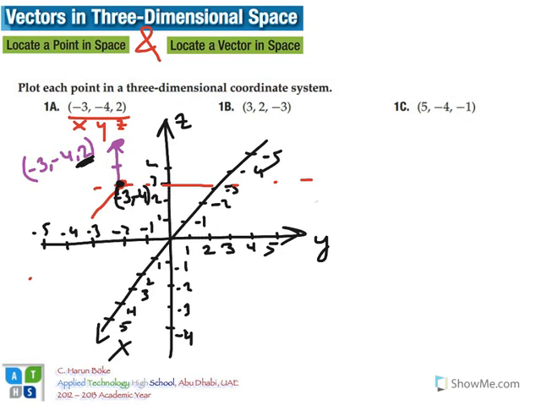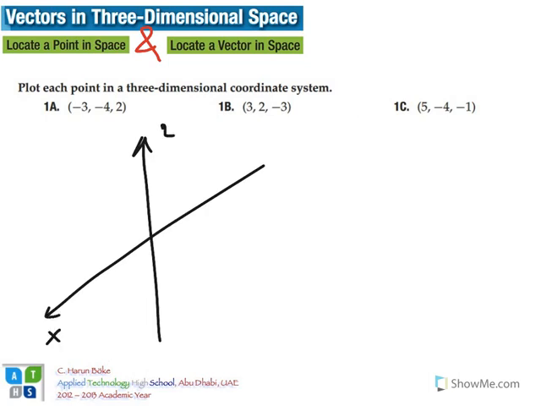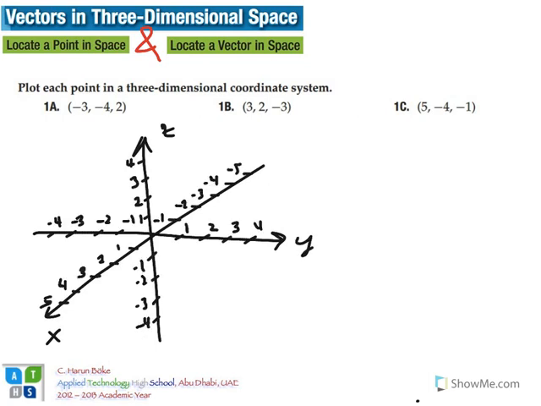So let's have the second point located in the three-dimensional space. Again, we'll have our coordinate plane. This is z, this is x, this is y. Now, first we are going to go through x to be 3 on this line, and then we are going to go through y to be 2 on this line.